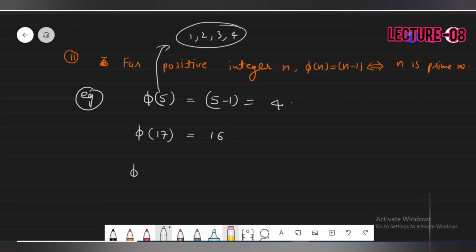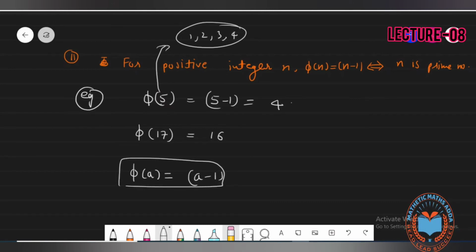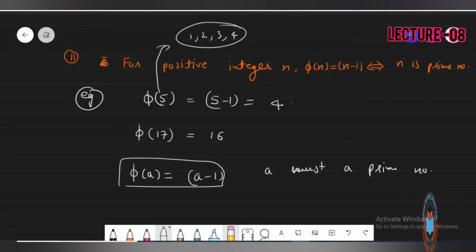If I have a number a and phi(a) is a minus 1, then a must be a prime number. Clear? So the second rule is, if n is prime, then phi(n) is equal to n minus 1, or if phi(n) is equal to n minus 1, then n must be a prime number. Clear?